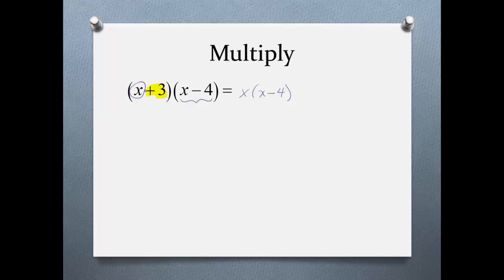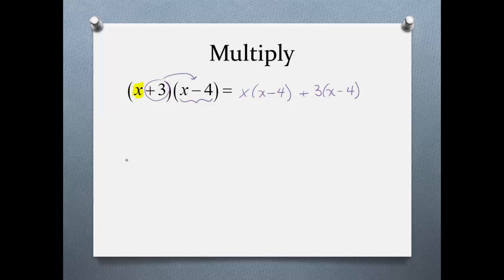Now, at the same time, if this x at the beginning wasn't here, and you just had the 3 multiplied by that x minus 4, you would have a plus 3 times x minus 4.